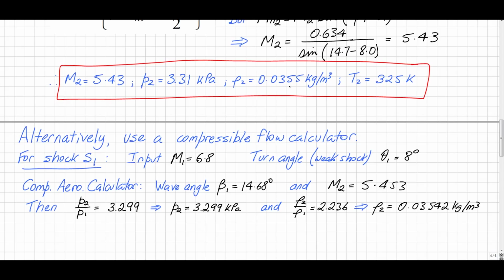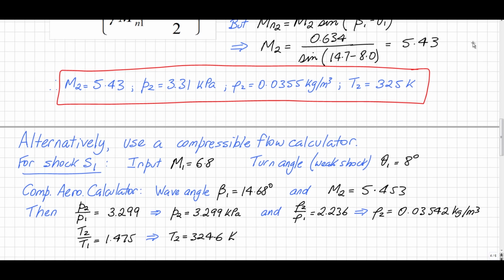The calculator also gave us the ratio of static temperatures across the shock being 1.475, and we can use that to calculate T2 is equal to 324.6 Kelvin. And we compare that with our value of 325 Kelvin that we got up here.